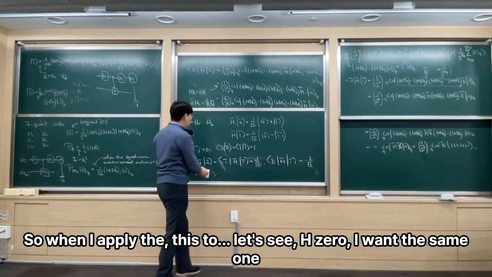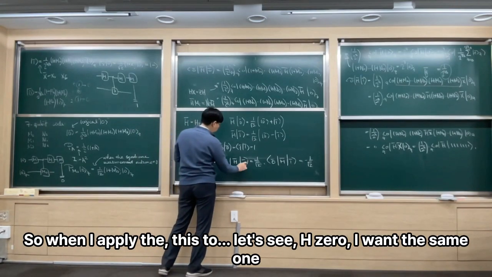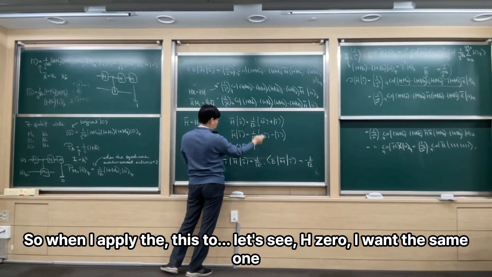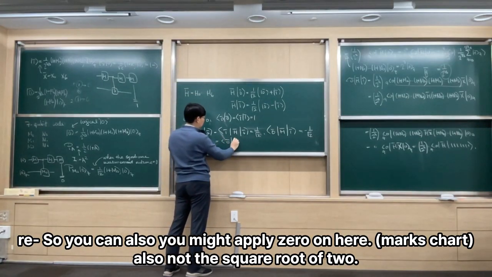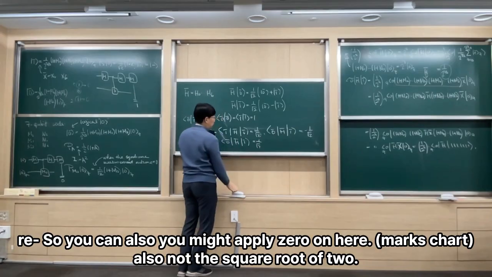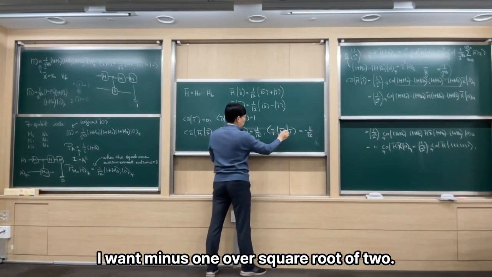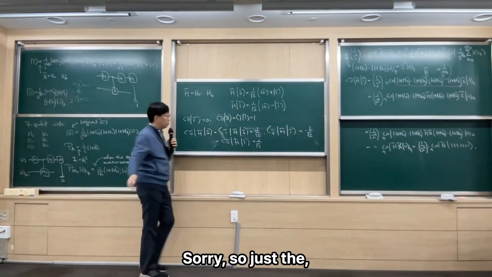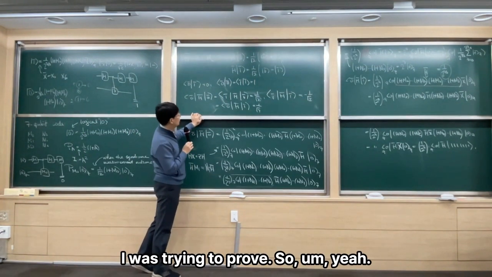So when I apply this to h0, I want the same 1/√2 coefficient. And also if I apply 0 on here, I also want √2. When I apply 1, 1 here, I want -1/√2. Sorry, so this is the wrong thing that I was trying to prove.